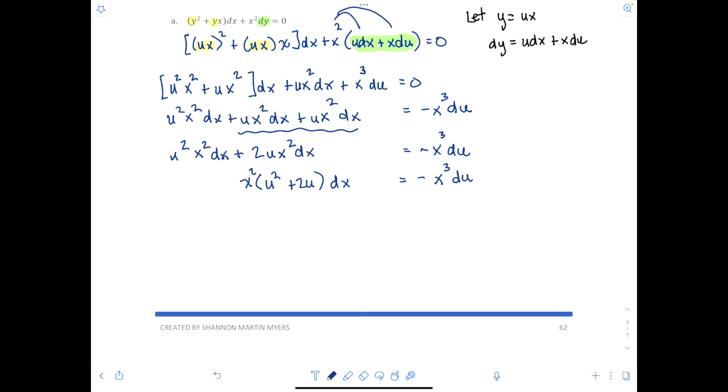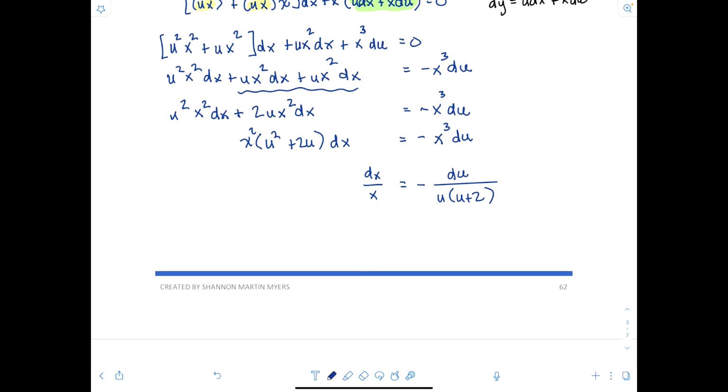Then dividing both sides by x cubed and separating the variables, I will get dx over x equals negative du over u times u plus 2. Groovy?